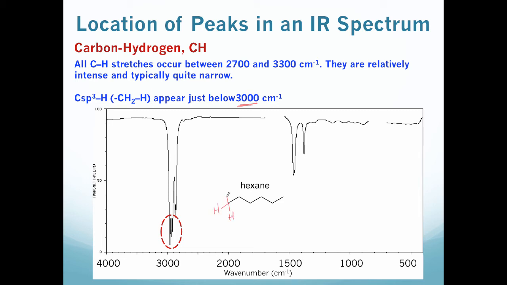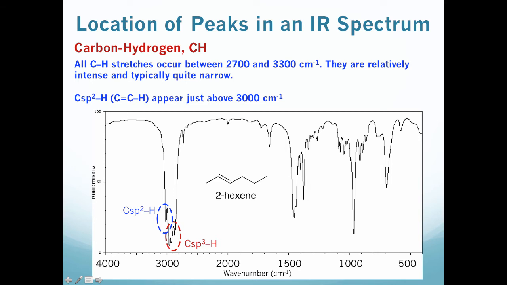Methyl, of course, has 3 hydrogens, and then these CH2 groups have 2 hydrogens. Well, these sp3 hybridized carbons are going to show up just below 3000 wave numbers, and that's what we have right here. You can see that these stretches are intense, but they're also quite narrow, and because there are so many CHs, there are quite a few peaks in this region.